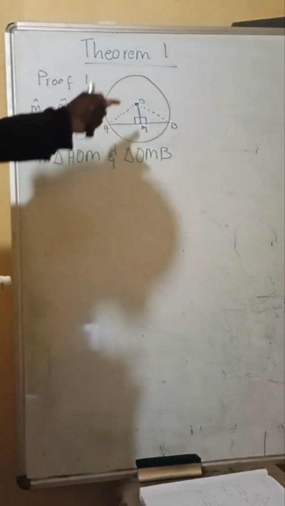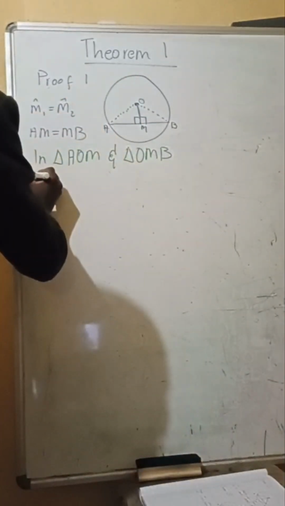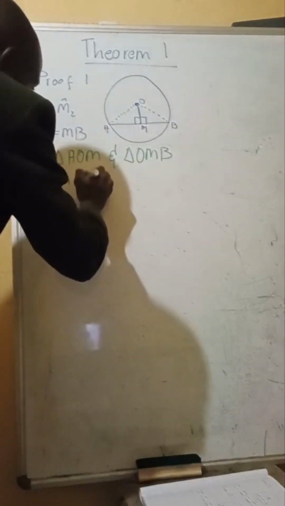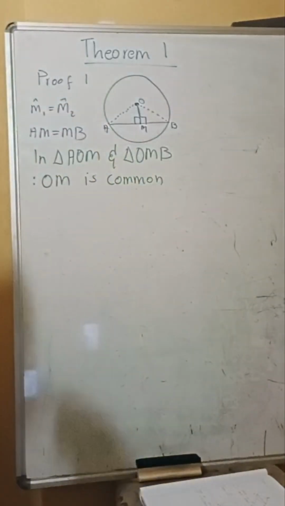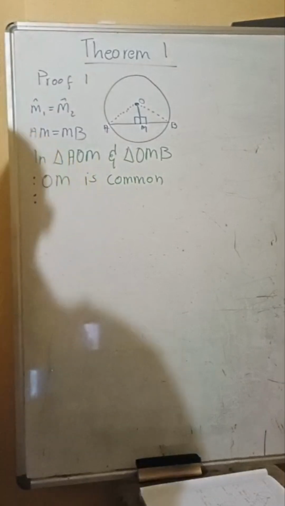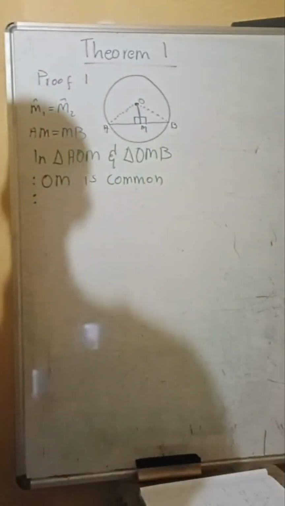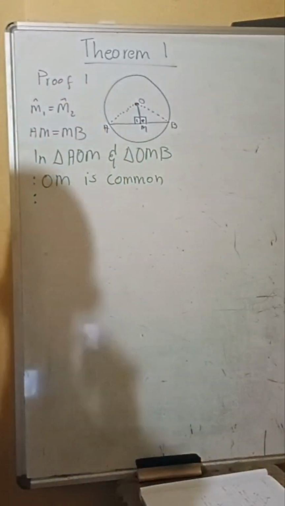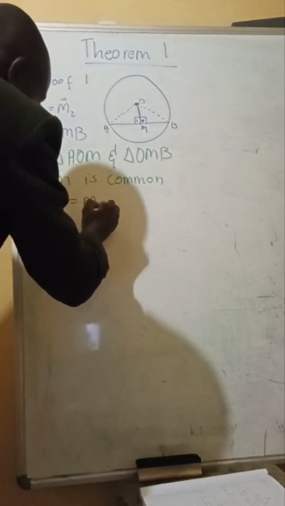In triangle AOM and triangle OMB, the first thing here, the line OM is common in these 2 triangles. The second step, let's label this 1 and 2. Angle M1 is equal to angle M2.